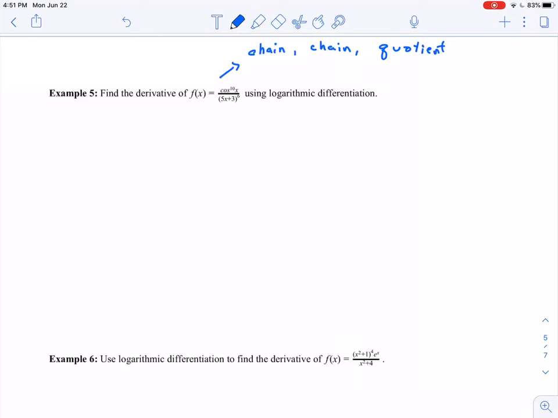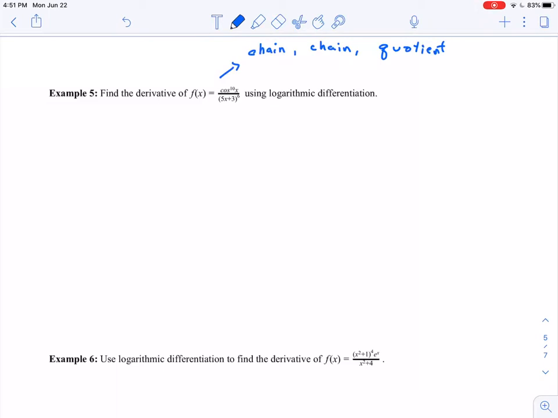I would be utilizing 3 different derivative rules, which can be very overwhelming. It's not to say that you can't do it, it's that it's a very difficult process. So instead, this is a good candidate to use logarithmic differentiation.